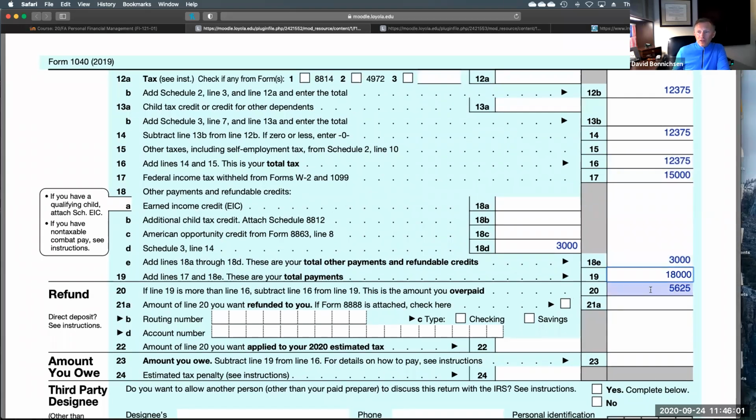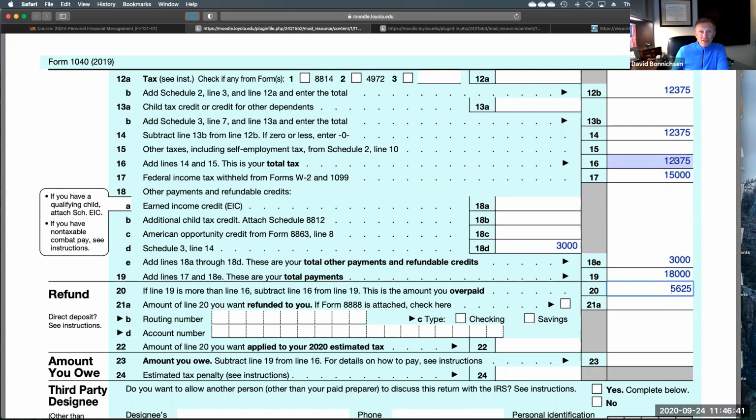So on line 20, okay, if line 19, 18,000, is greater than line 16, 12,375, then this is the amount that you overpaid. So we take the difference between 18,000 and 12,375, and we calculate that the Spencer family should receive a refund of $5,625.